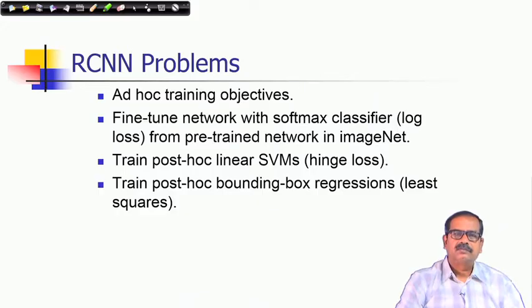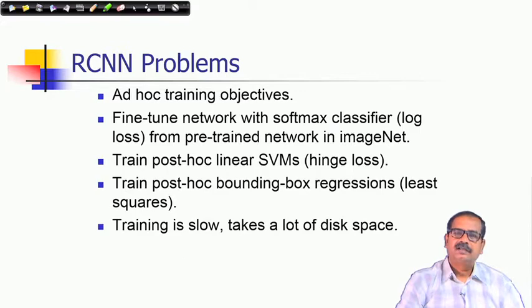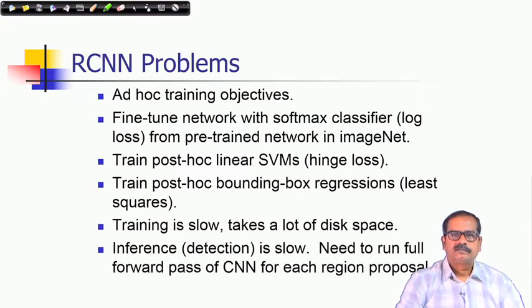Another training you have to do is to find out the regions. Though the regions are proposed, you need to do some kind of fine tuning, some kind of regression based on those proposed regions. That also requires training. So, there are so many different kinds of training involved. That is why it is very slow, and it also takes a lot of disk space. So, inference is also slow.